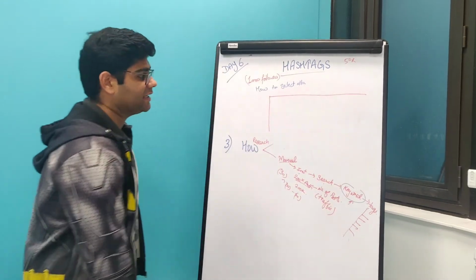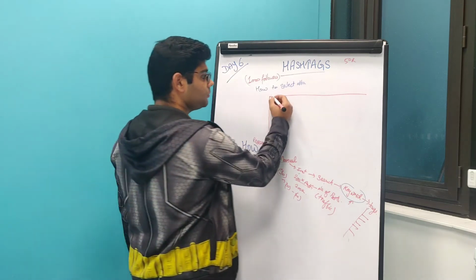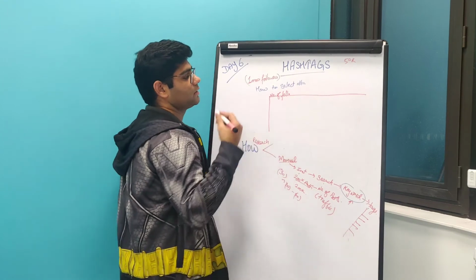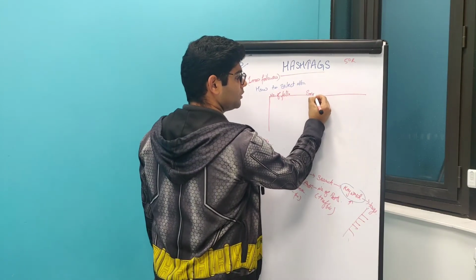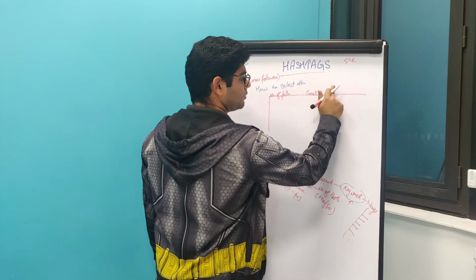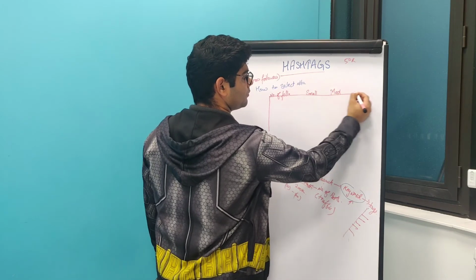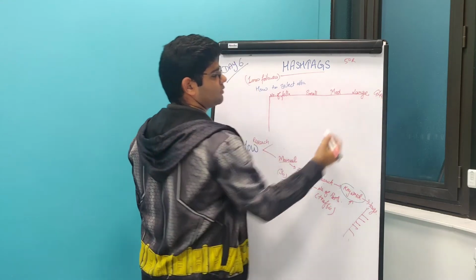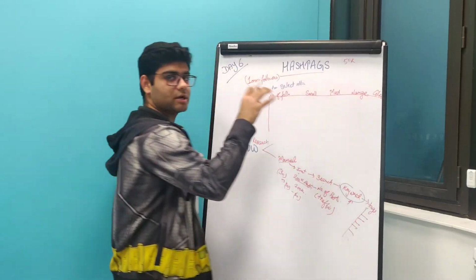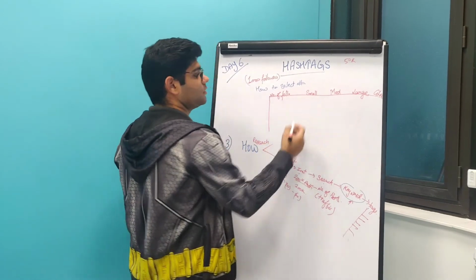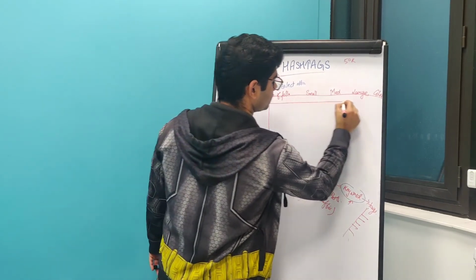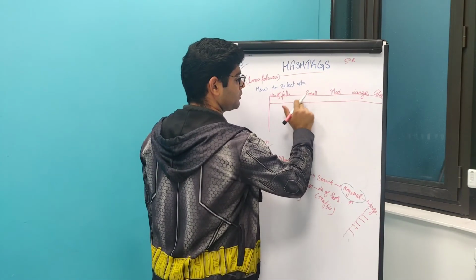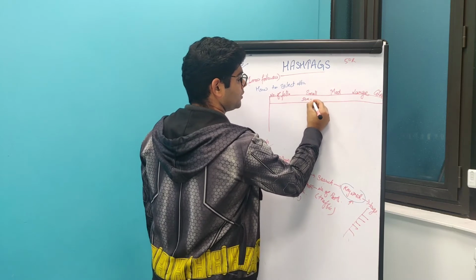Here we'll put the number of followers, and here the hashtag size: small, medium, large. There is one more, giga, but I ignore it. The volume that small has is 50k to 300k.